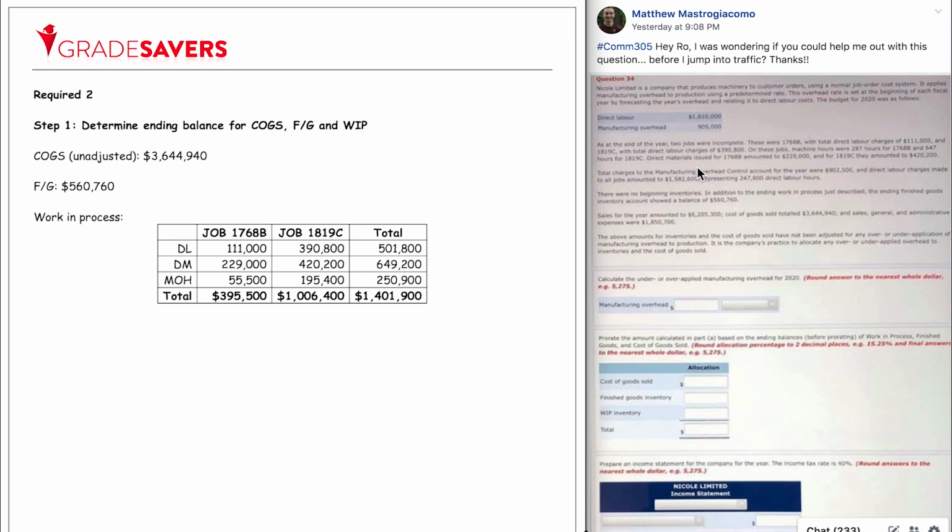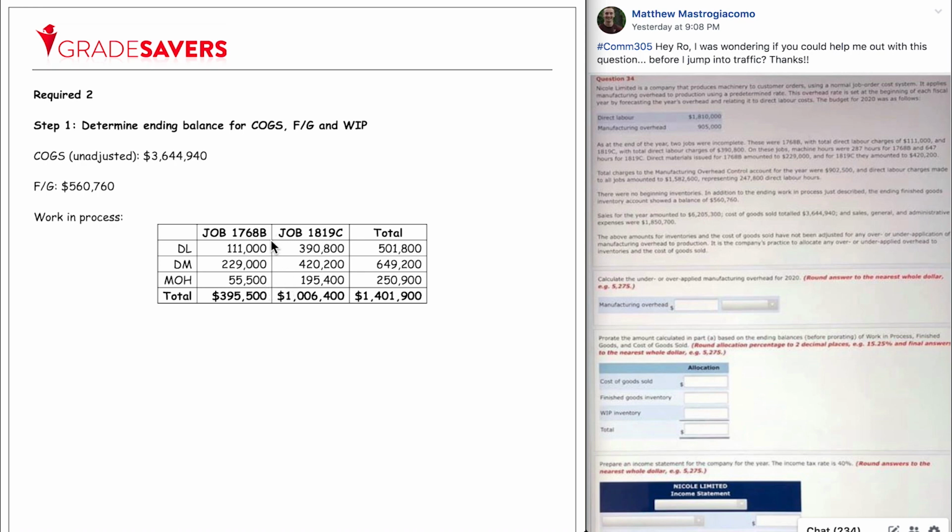What we're not offered is the amount of overhead that has been applied to each of these jobs. The way that we're going to apply the overhead is simply by using the rate that we've calculated in required 1. We know that the application rate is 50 cents of overhead for every dollar that we spend on labor. So we can take the labor costs that are charged to each of these jobs, multiply them by 50 cents to determine the amount of applied manufacturing overhead.